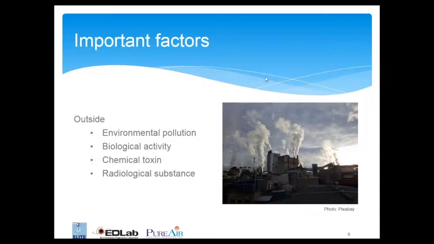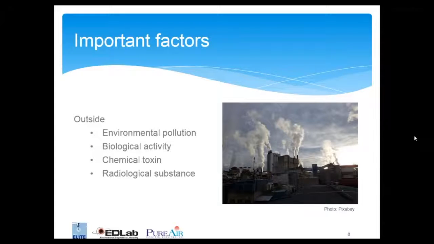Biological activity wise, in nature there is a lot of deterioration activity going on, especially underneath the plant canopy. If you see that there are a lot of dead leaves and barks and everything there, that is a very good substratum for that. So these are some important outside sources.